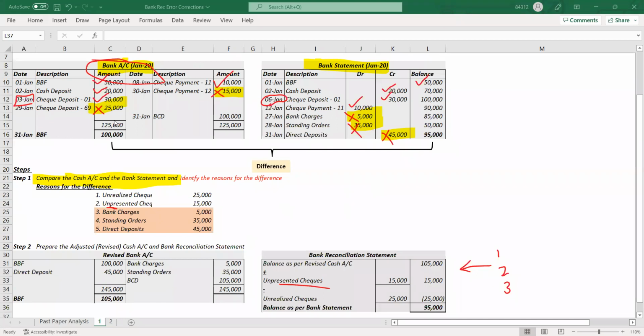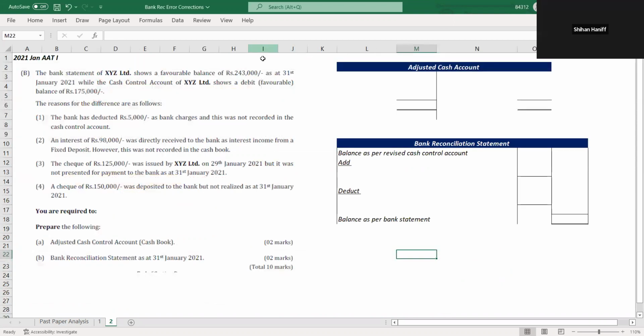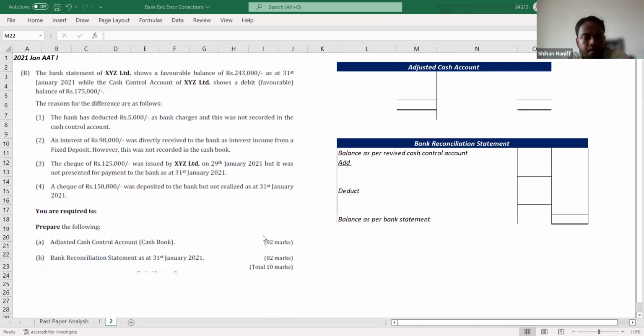Now let's move to a question. Okay, let's move to an example. This is an example question.